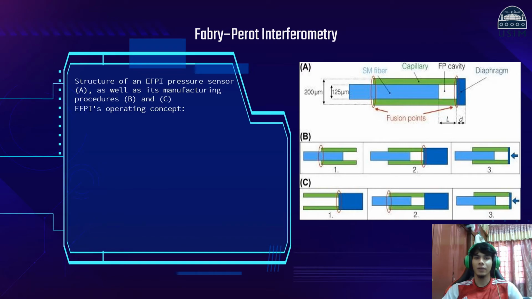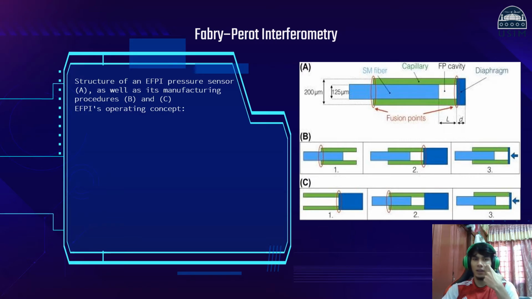The structure of the pressure sensor is shown in A. A is the structure of the EFPI pressure sensor, and B and C are the manufacturing procedure. There are three steps of manufacture, 1, 2, 3. In B and C we show the procedure of manufacturing.